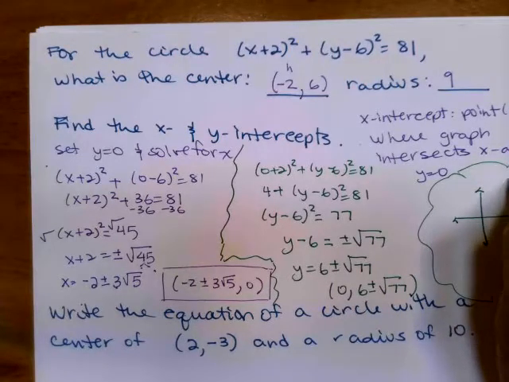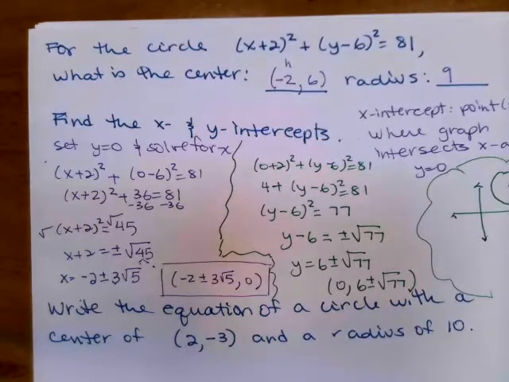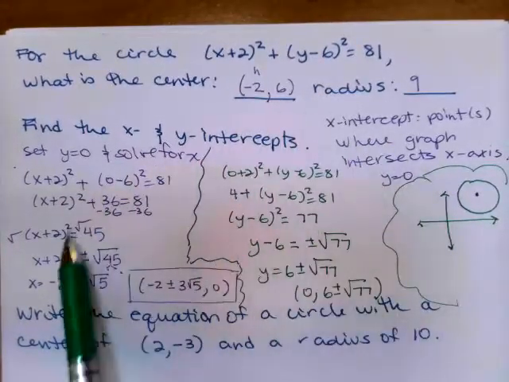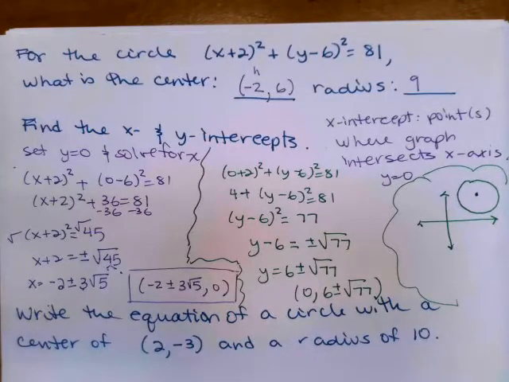This circle here does not have an x-intercept or a y-intercept. If we had gone through the process we just did for the circle I drew in green, we would have come up with imaginary numbers when we tried to do the square root property. The clue that it doesn't have intercepts is going to be a square root of a negative number.